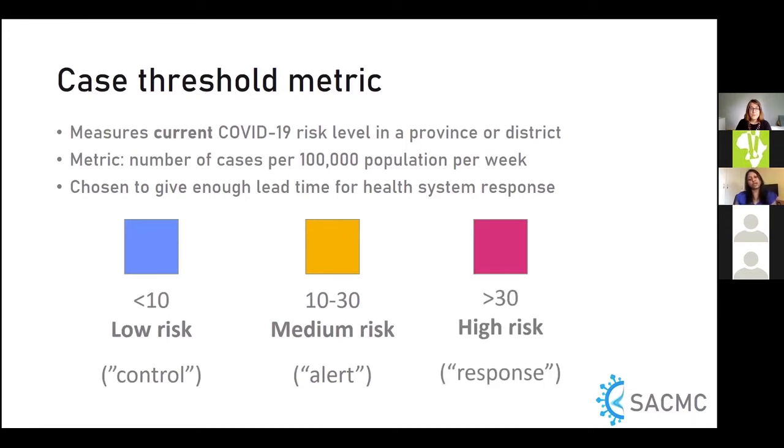So this particular metric, as we measure cases per week per 100,000 population, is classified into three states: a low risk state, medium risk, and high risk state.